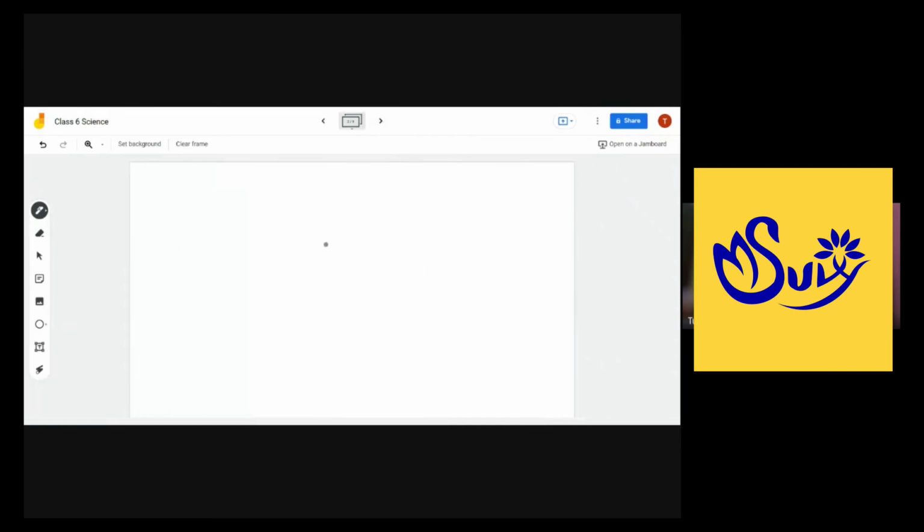Okay, so I will just draw a symbolic representation of a flower. Assume this to be a flower. Also my drawing is not good, so do pardon me for that. So these are the petals.